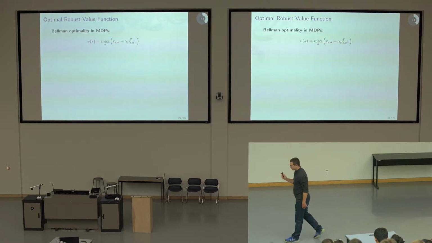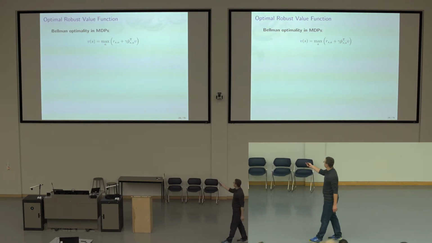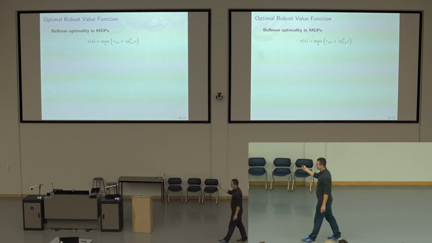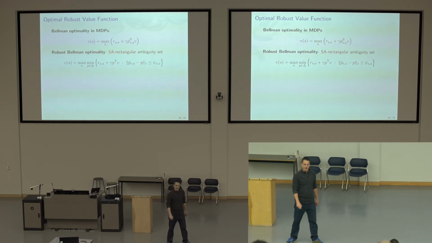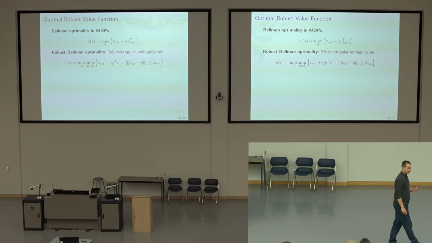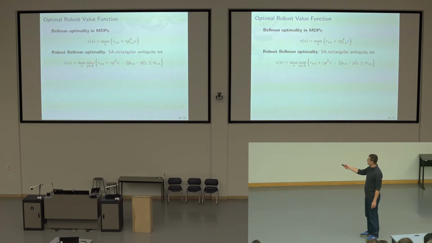All right, so let's look at how we solve these robust MDPs. We've seen the Bellman optimality in regular MDPs. Hopefully all of you are familiar with this. If we have state action rectangular ambiguity sets, we can formulate almost an identical optimality equation. So what we're seeing here is we're choosing the best action.